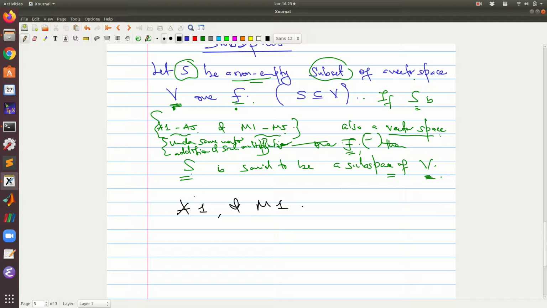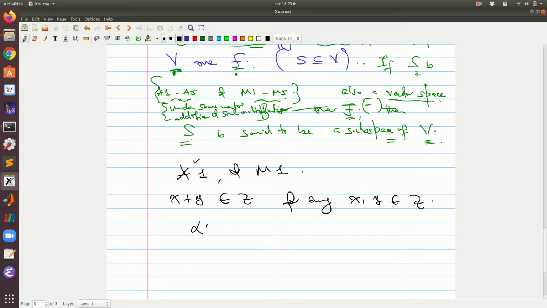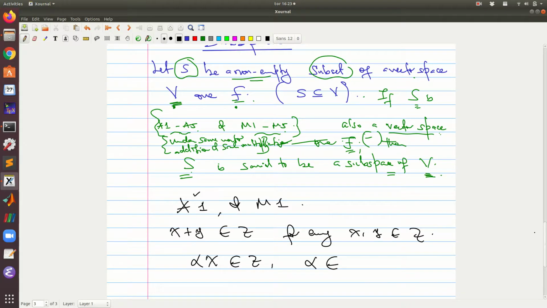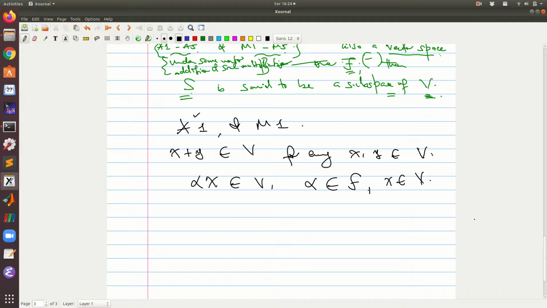We won't go so much into detail, but remember A1 says that for every x and y taken from V, x plus y is also in V. And M1 is scalar multiplication, that alpha x is also taken from V for alpha taken from F and x taken from V.